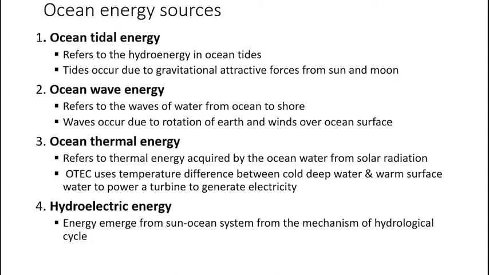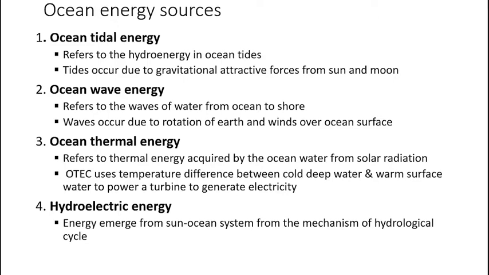And the last one is the hydroelectric energy, which is the energy emerged from the sun-ocean system from the mechanism of the hydrological cycle. Hydrological cycle means the mechanism of surface water evaporation by solar heating. That is, when solar radiation is incident on the ocean surface, the surface water evaporates.